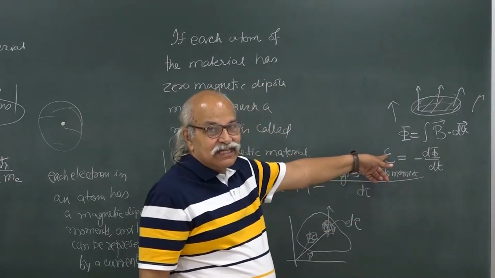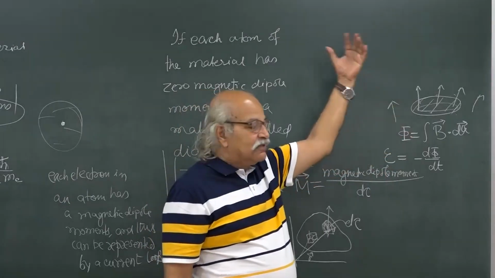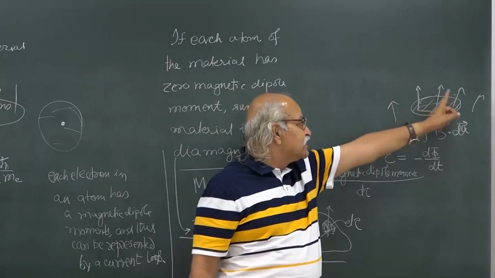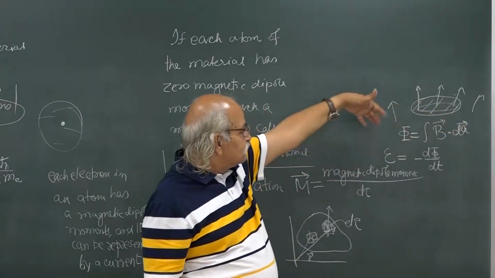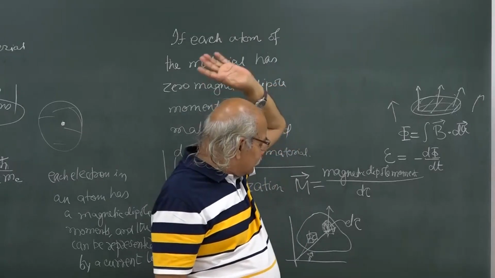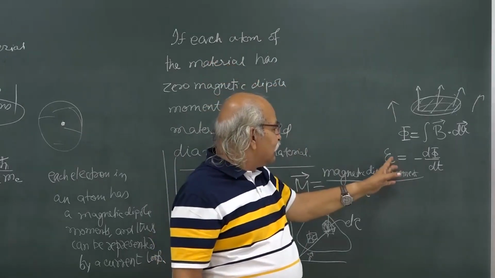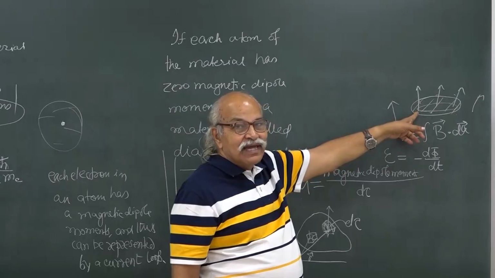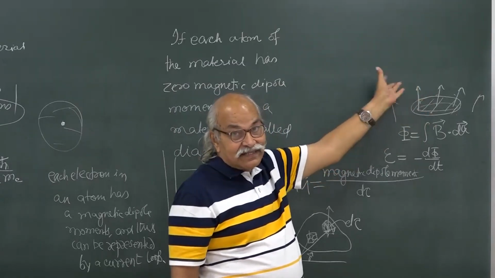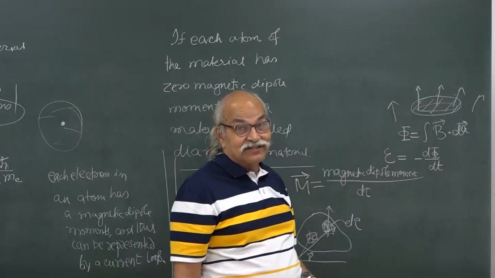A changing magnetic field will produce an EMF. If this magnetic field is changing, we will talk more on that later sometime. But then an EMF is produced, and if the charges are there, then a current is induced.